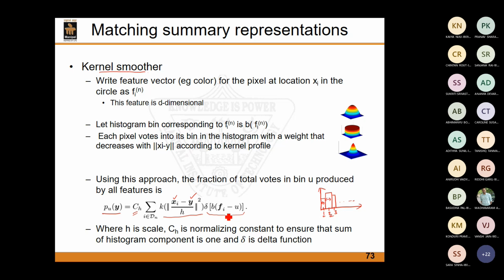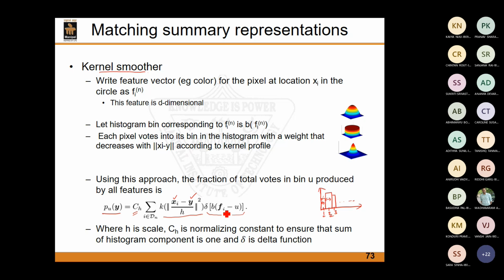So the same thing is mentioned over here. That means it will consider the count only if this particular f_i lies within the range of u. Only then does it need to be given this count. So if you're giving a count over here, then for the rest of the bins you don't have the count, right? Either you have a count if the feature value is near the bin number, or you just assign a 0 if it is not within the number.